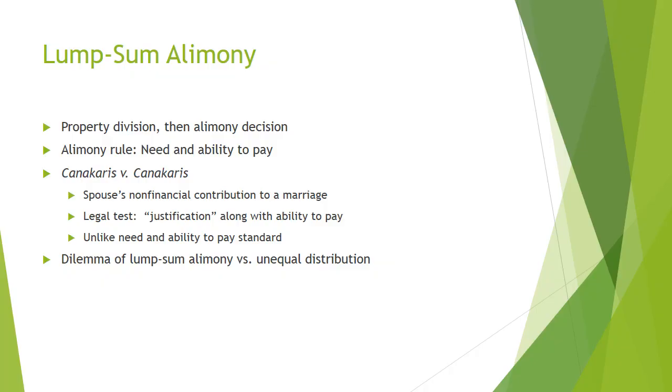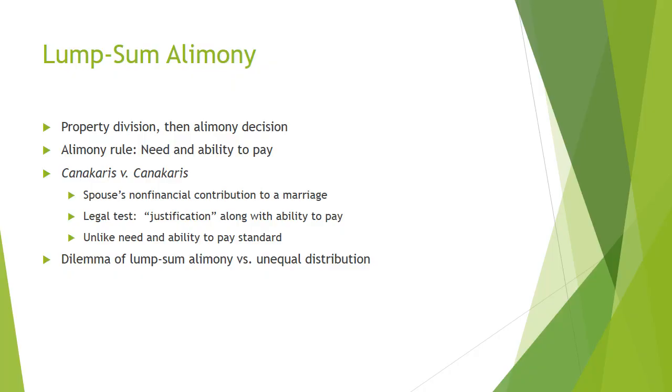Lump sum alimony. Remember, we had this conversation already in a previous lecture. Let's first remember that alimony is never decided by the court until the property is divided. As Keene notes in his book, the property is often a source of income. It might increase the income of one party or decrease the needs of the other. This is important because, remember, need and ability to pay are the factors the courts must consider when deciding on alimony awards.